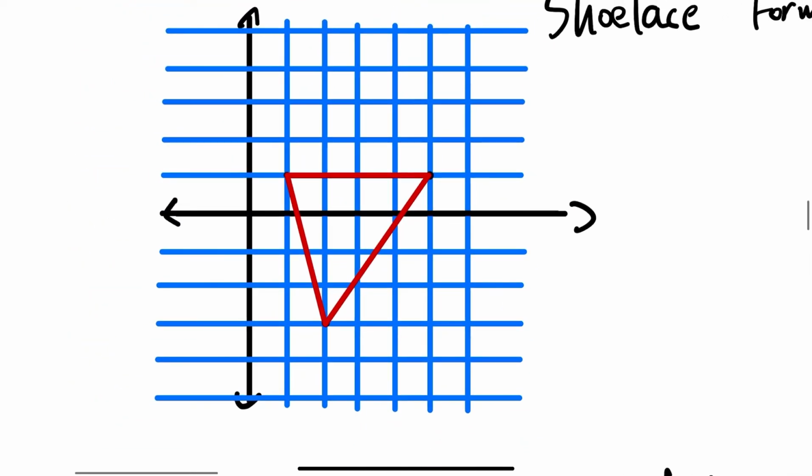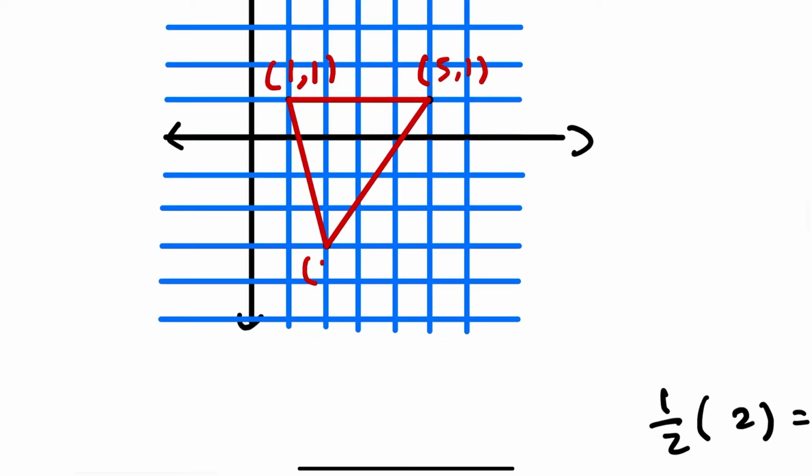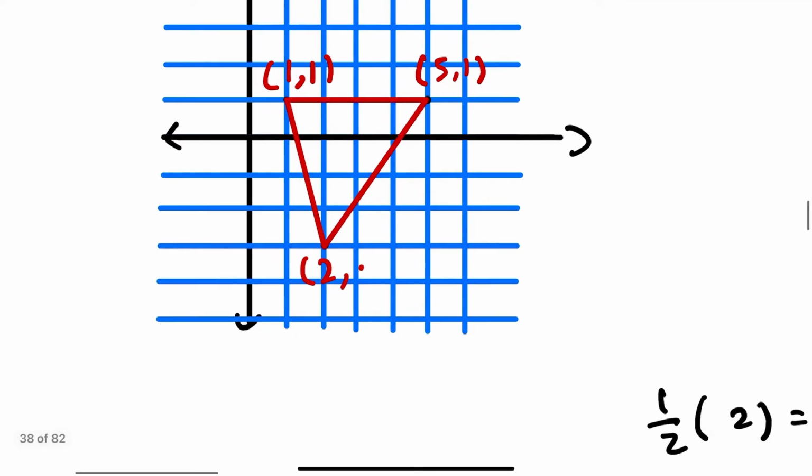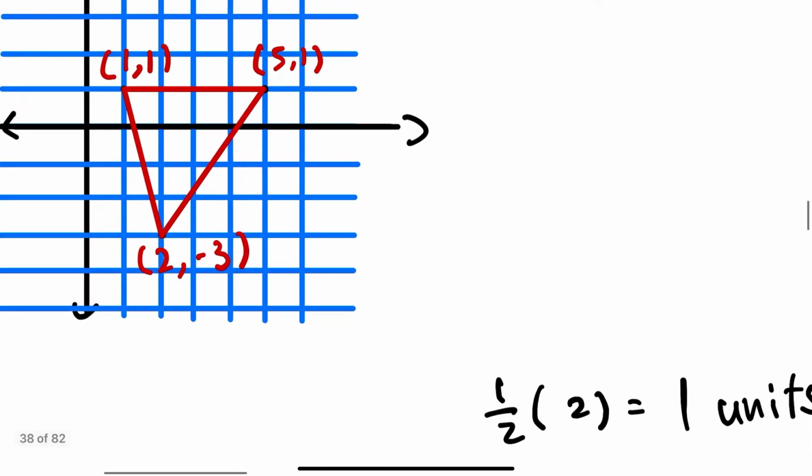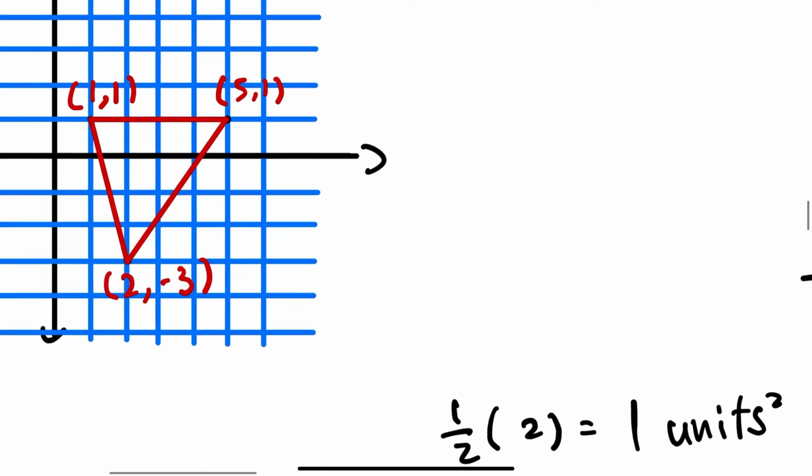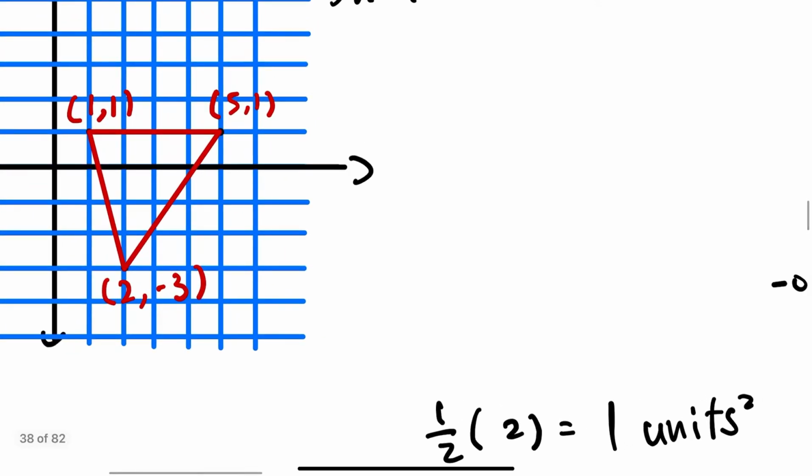So the points are 1, comma 1, 1, 2, 3, 4, 5, 5, comma 1, and what is this? 2, 1, 2, 3, negative 3, right? So let's first apply the shoelace formula.